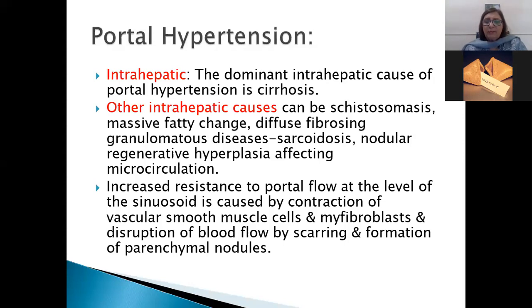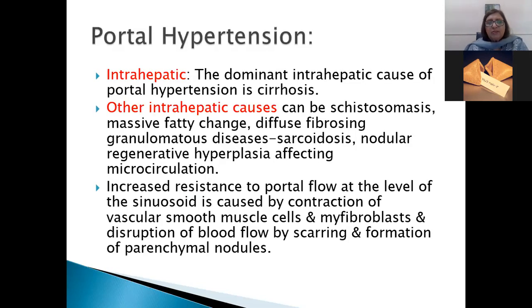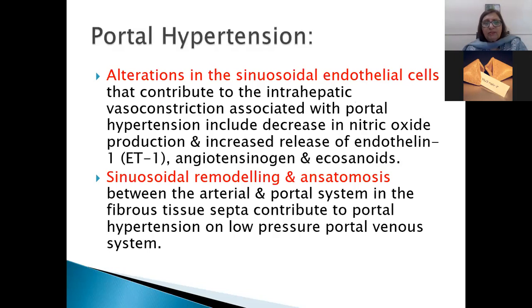Sinusoids are the spaces present in between the hepatocytes, as I explained in the normal histology, and they can lead to obstruction of blood flow. So for portal hypertension, we have prehepatic, posthepatic, and intrahepatic causes. These can be your viva question as well in your final exam.